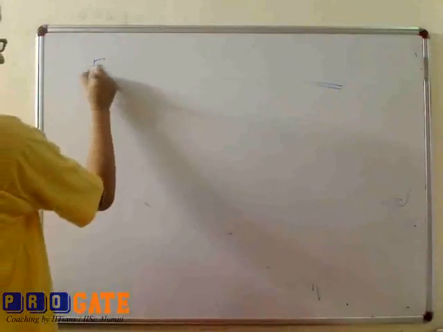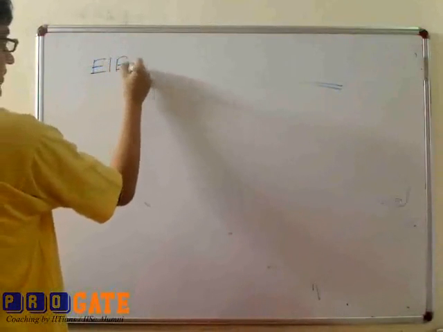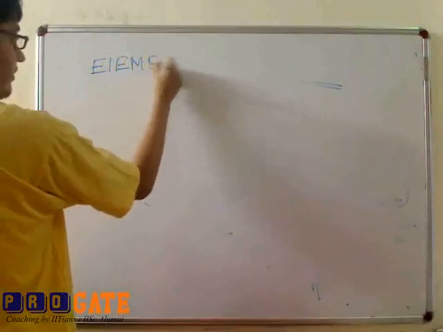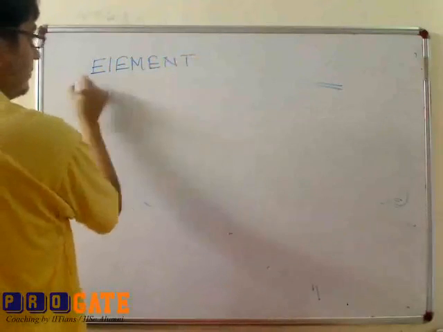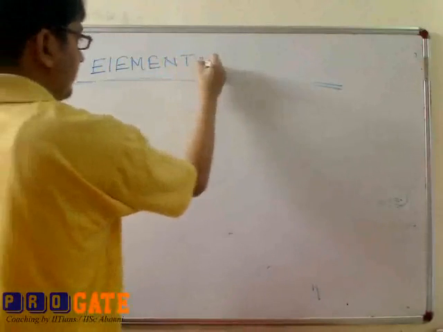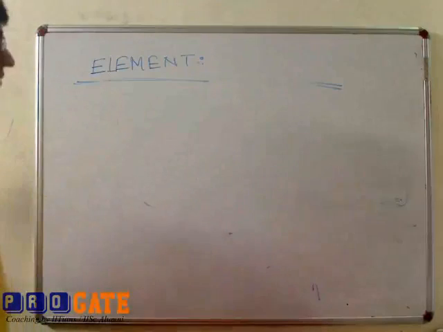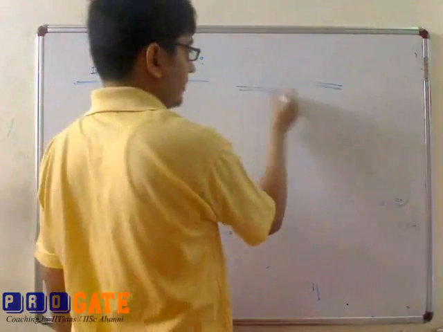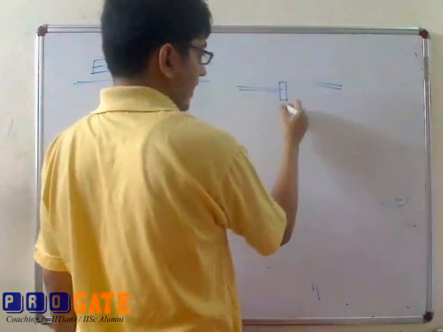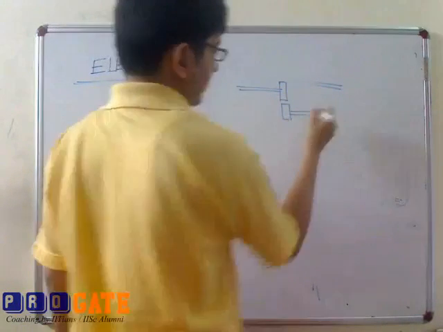Element. What is meant by element? Any machine part is known as an element. Say I have a gear train.